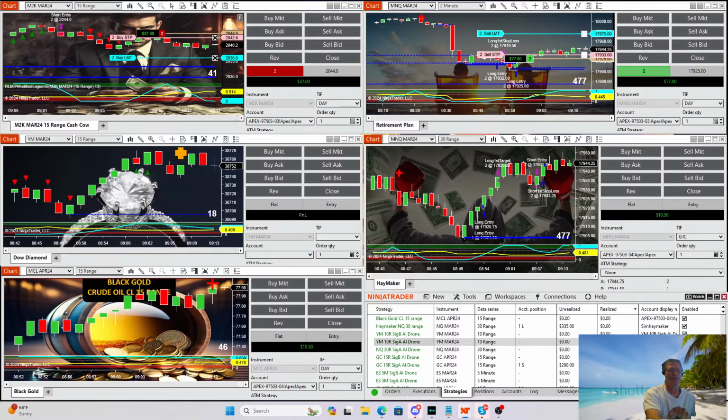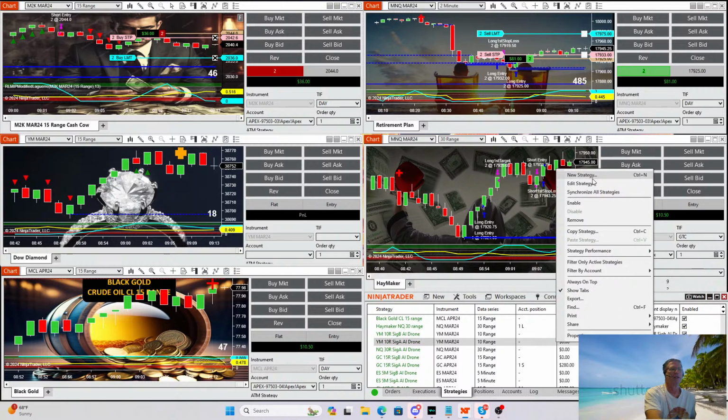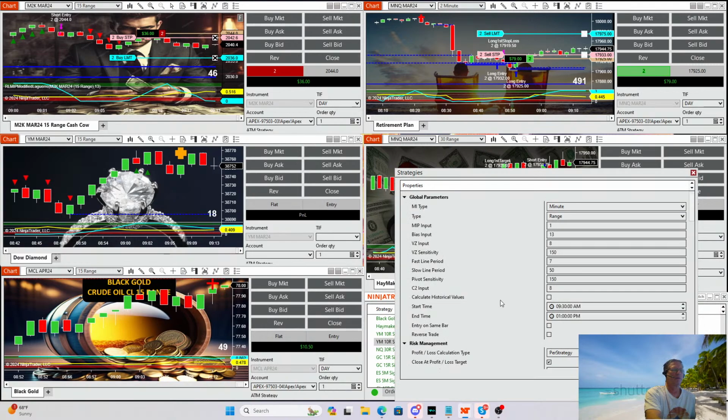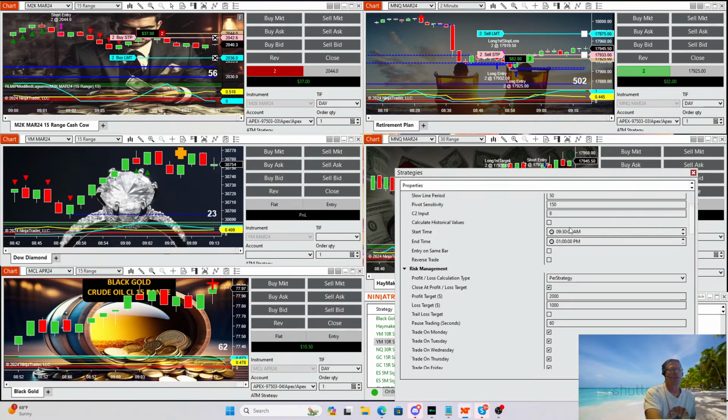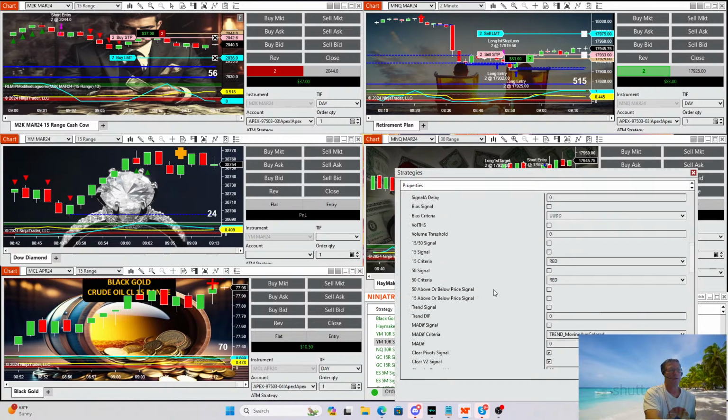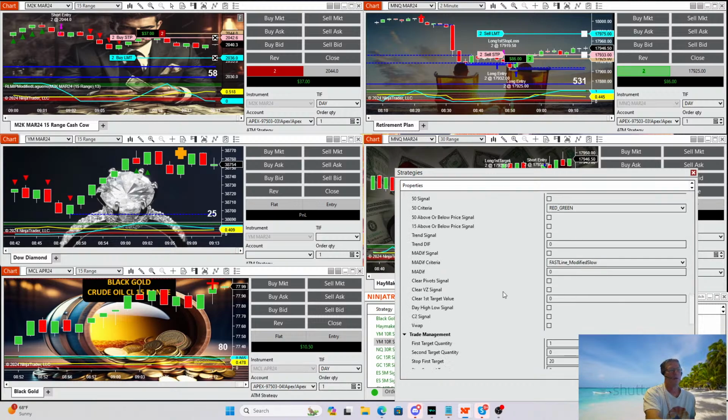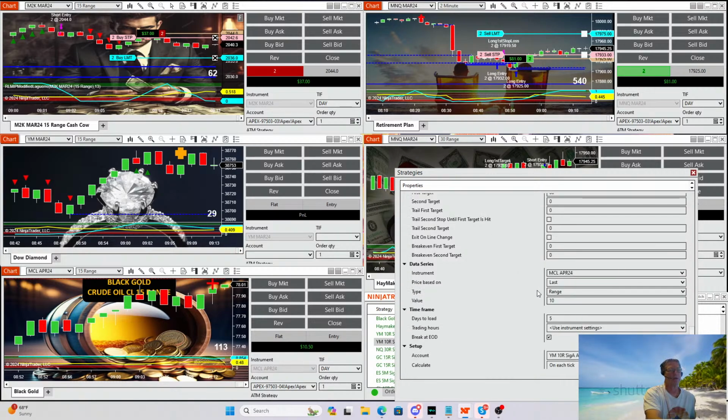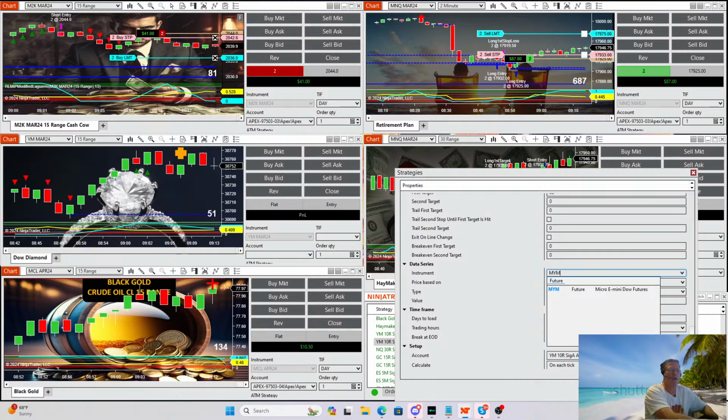So I'm just going to disable it, right click and edit it. And this one starts trading at 9:30, which reminds me to open up my Thinkorswim. I've got a position on Mara. I have a strangle on Mara, an options position, and a position on Amazon. So let's put this on the MYM.